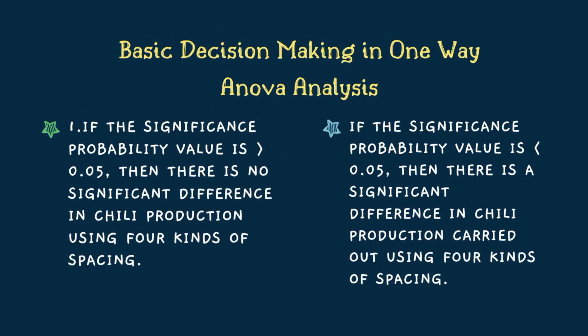Basic decision-making in one-way ANOVA analysis: the first is, if the significance probability value is greater than 0.05, then there is no significant difference in chili production using 4 kinds of spacing. And the second is, if the significance probability value is less than 0.05, then there is a significant difference in chili production using 4 kinds of spacing.